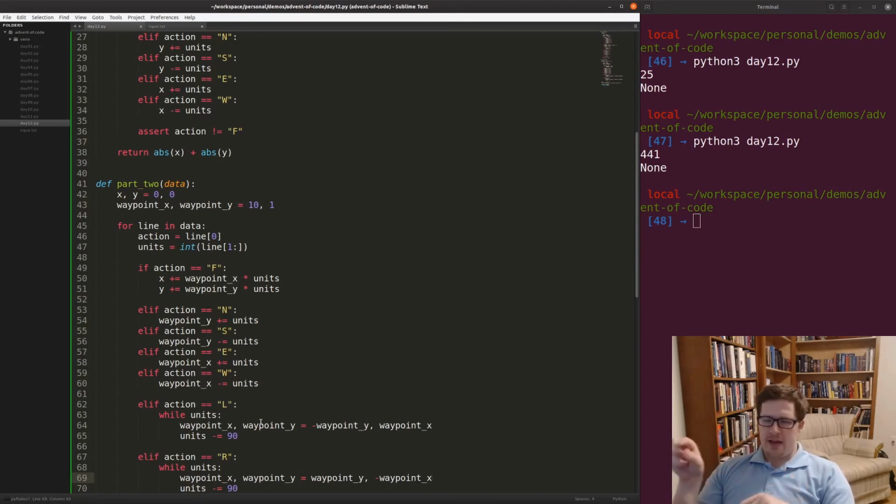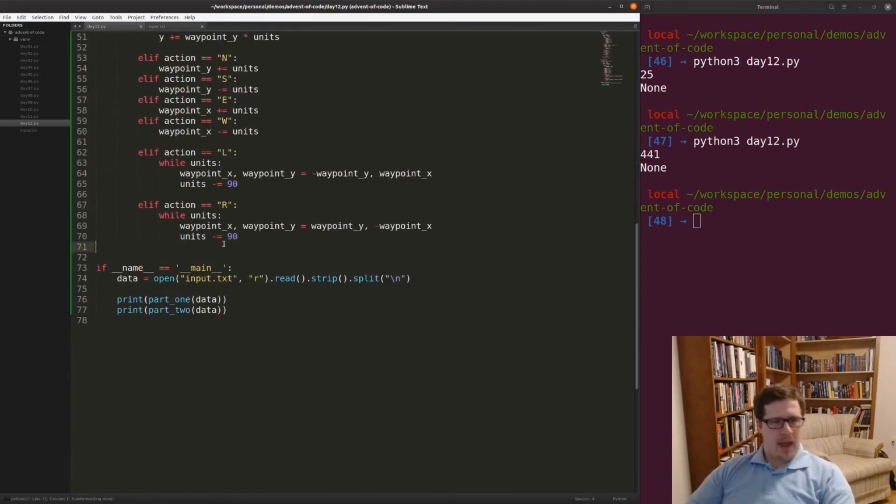If we're rotating left, then x will become the negative of y, and y will simply become x. Whereas if we're rotating right, am I doing this right? Then waypoint x turns into waypoint y, but waypoint y becomes the negative of x. I think I'm doing that right.